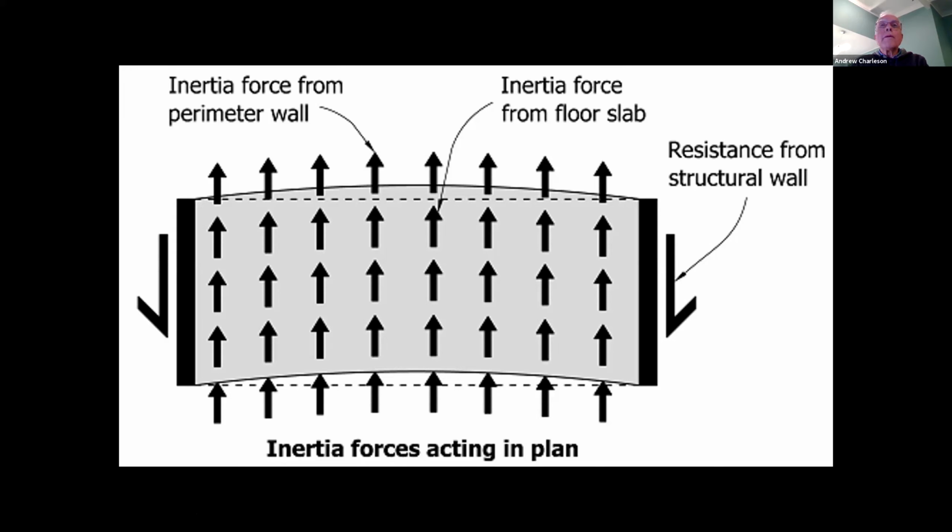So the floor slab has to act like a horizontal beam, resisting these inertia forces and transferring them sideways into the shear walls. The floor acts like a horizontal beam, spanning in the horizontal direction. And it has a deflection in it, depending on the length of the span and the size of these inertia forces.